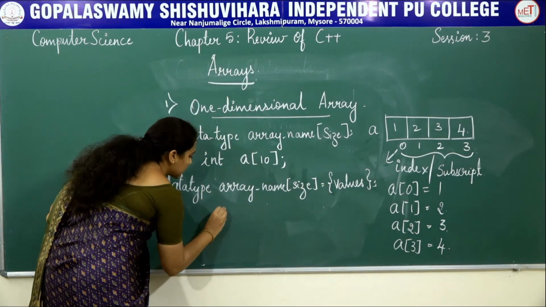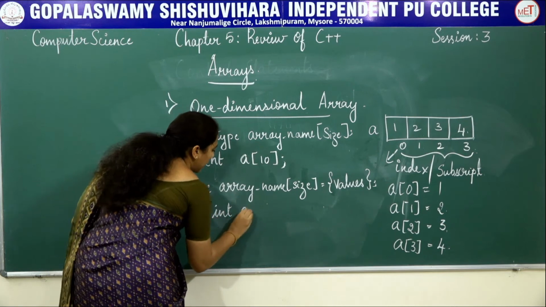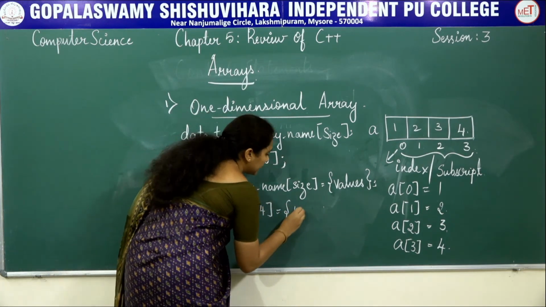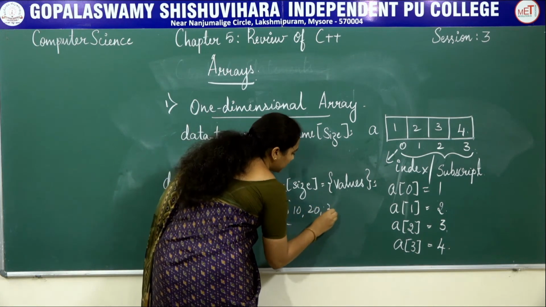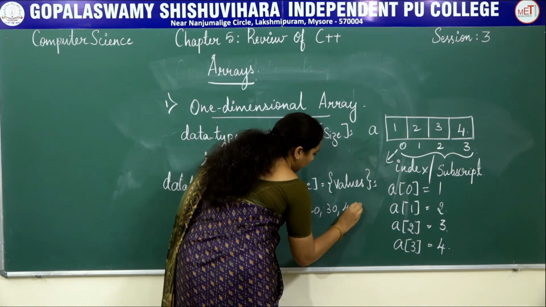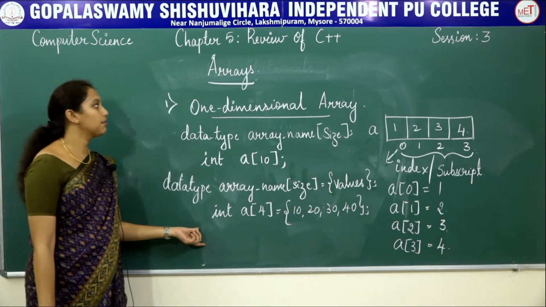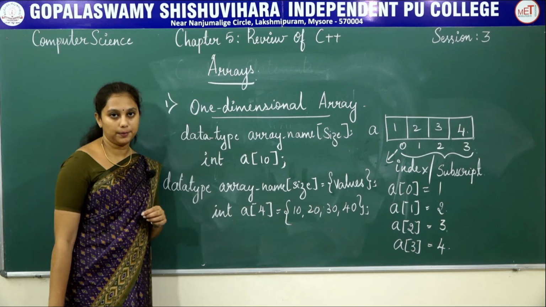An example for this is int a of 4 is equal to 10, 20, 30 and 40. So this is about one-dimensional array.